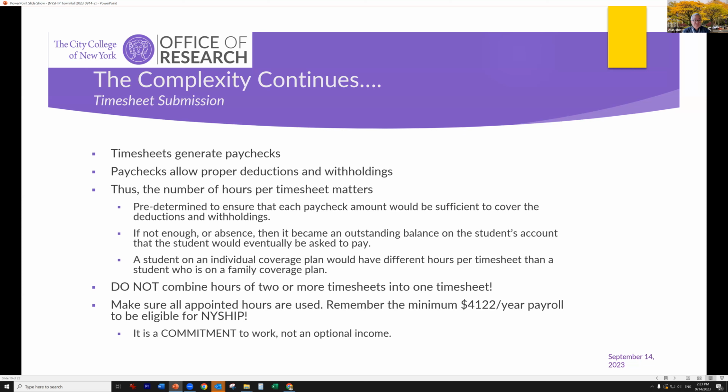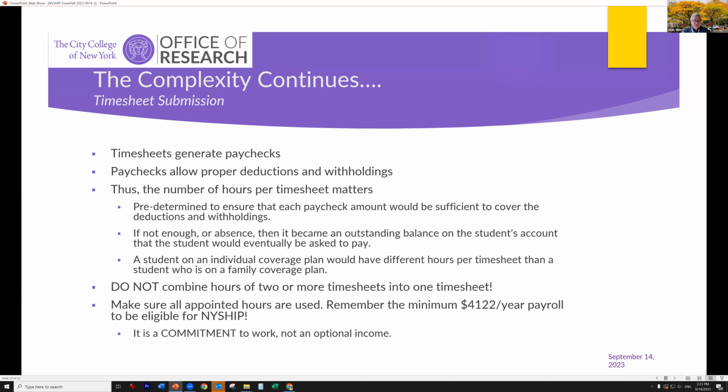Now, when there is no payroll being issued, the premiums still have to be deducted, even though the withholding may not be necessary, because the health insurance continues. So now the premium becomes an outstanding balance on the student's account.